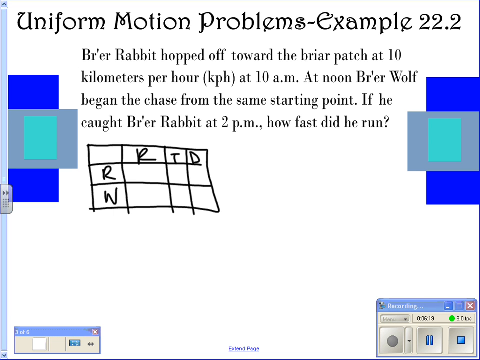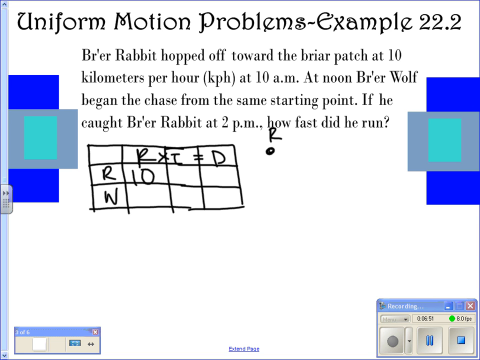What information do I have? The rabbit started at 10. Okay. How can I fill that in? We want to draw a picture? Okay.